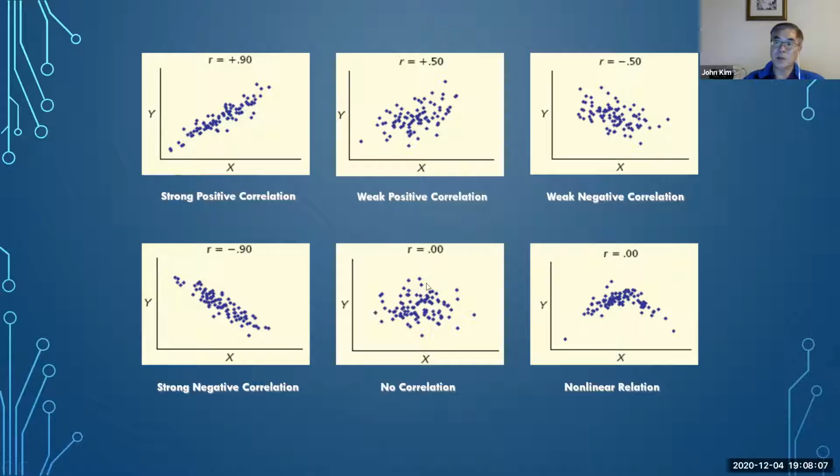Higher than 0.5 and lower than negative 0.5, then we say there is a relationship. Below 0.5, positive and negative, it is weak, so there is no relationship. If it is 0, then there is no relationship. Also, if it is a curved, non-linear relationship, then the R score is also 0.